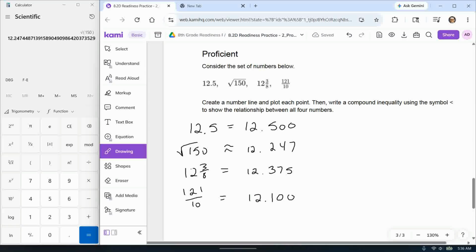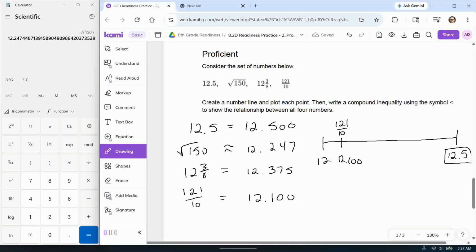All right, so let's create a number line. We're going to plot each point. To give ourselves room, let's do between 12 and 12.5, and we'll just have 12.5 be one of the endpoints. So we've got 12.5. My smallest is going to be the 12.1, so we can put that right here, 12.100, and the actual is 121 over 10.